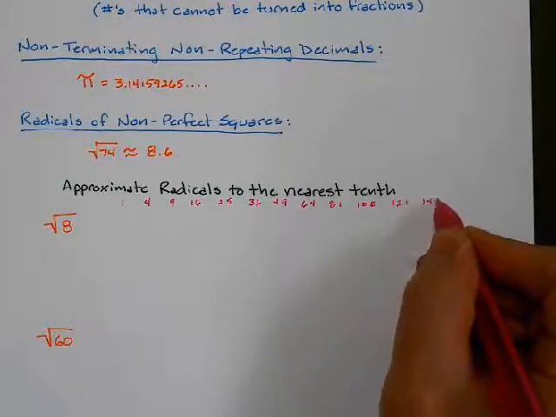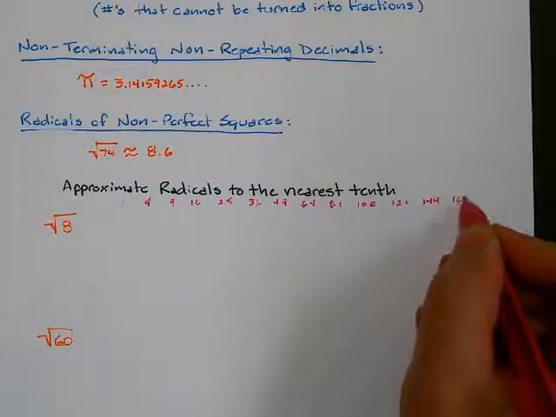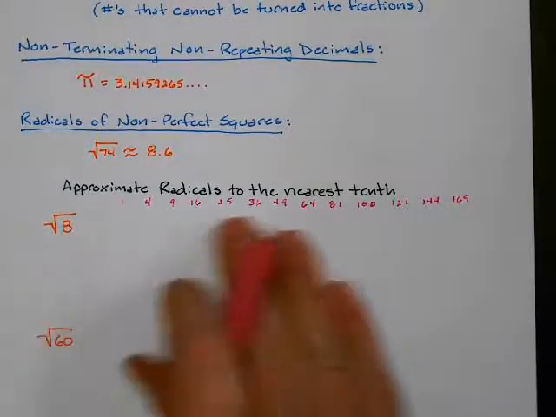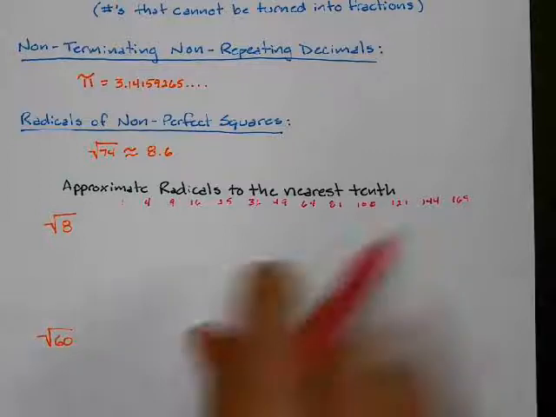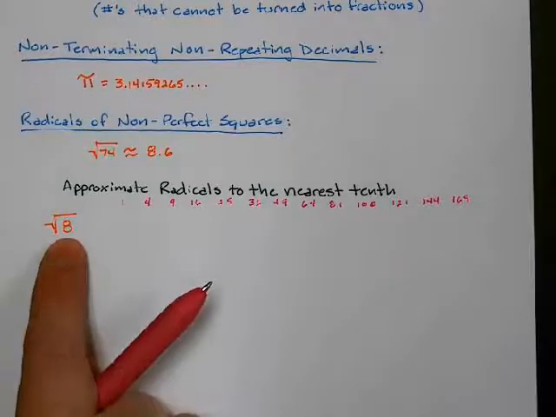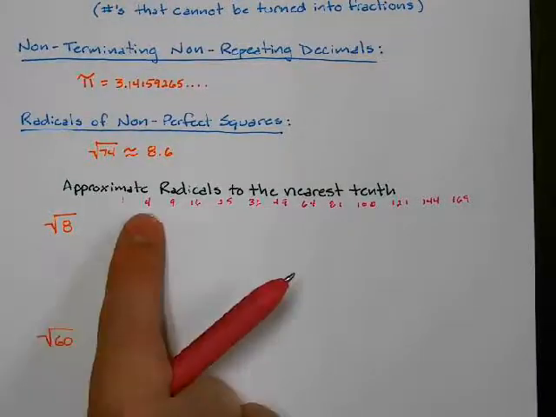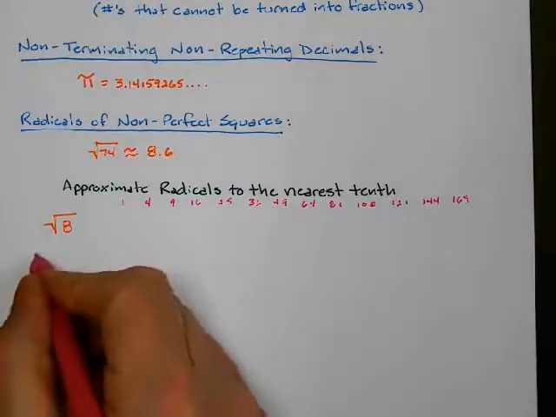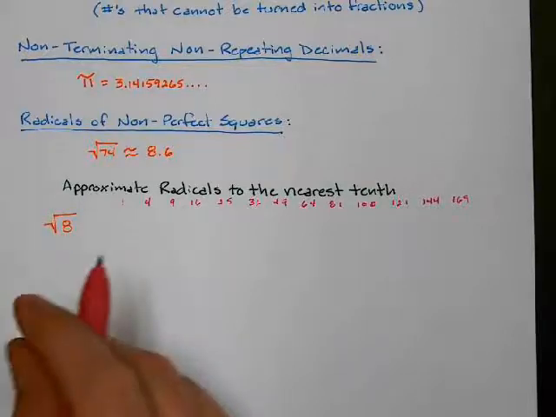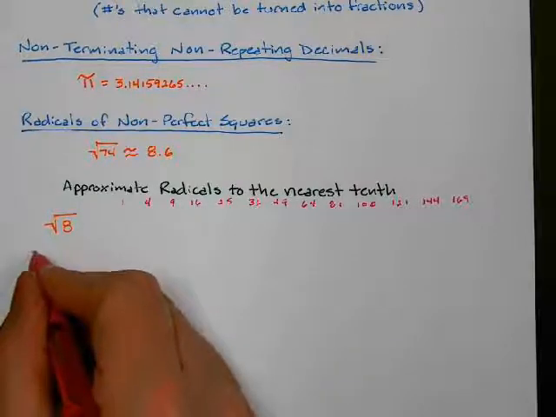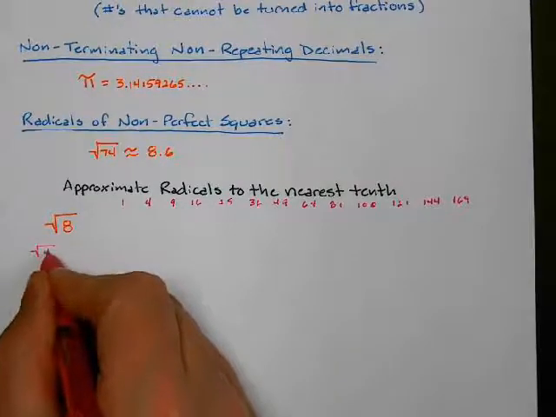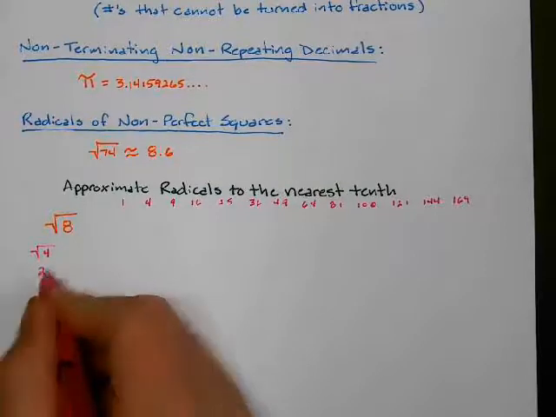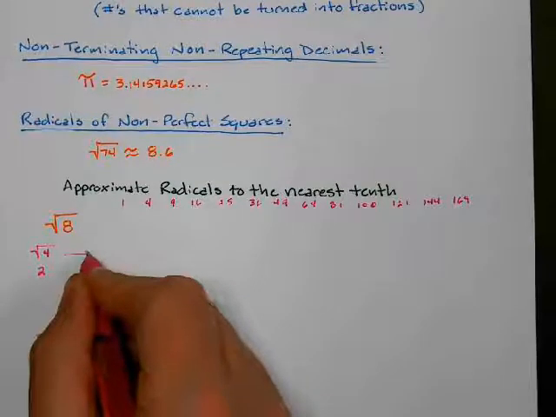Okay, so those are all of our perfect squares. So what perfect squares is root 8 between? What's between 4 and 9? So root 8 is between the square root of 4, which is 2, and the square root of 9, which is 3.